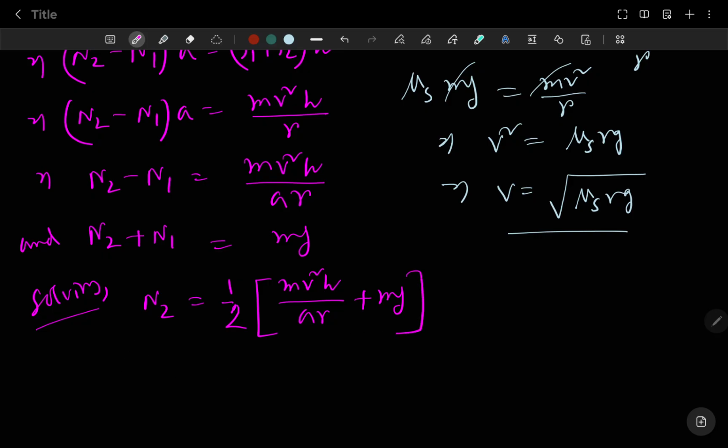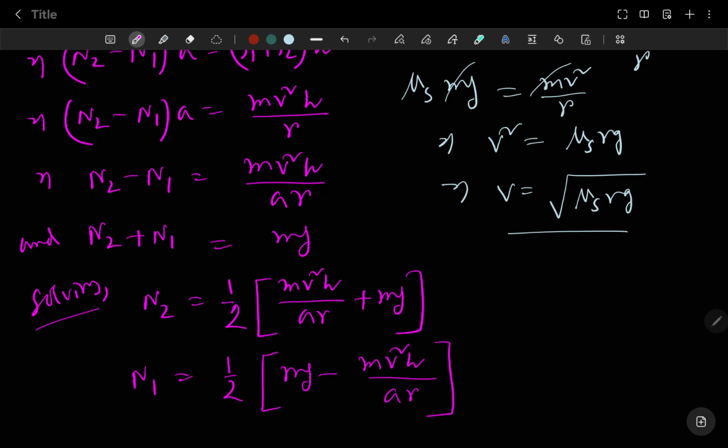And if we subtract them, then N2 will be gone, N1 will be half of mg minus mv square H by AR.